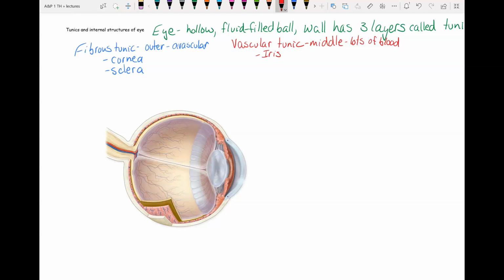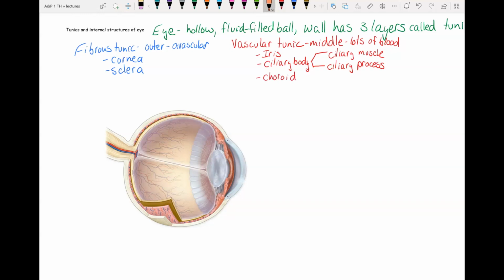It has the ciliary body, which is divided into the ciliary muscle and ciliary process. Then it also has the choroid.